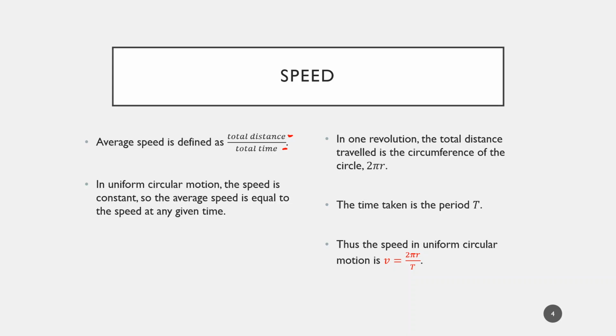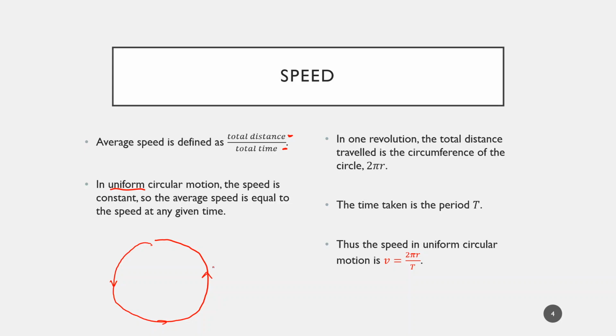Now, if you imagine an object in uniform circular motion, so we're assuming that the speed is constant in this motion, then the average speed of that object should be equal to its instantaneous speed. If your speed is not changing throughout a particular instance of motion, then your average speed should be equal to the instantaneous speed. But let's talk about the object in circular motion. The object's going around in a circle, like that.